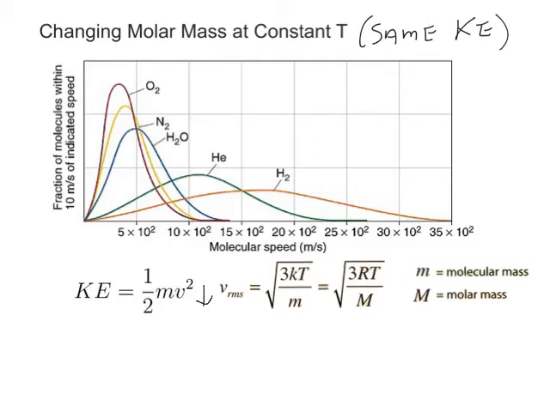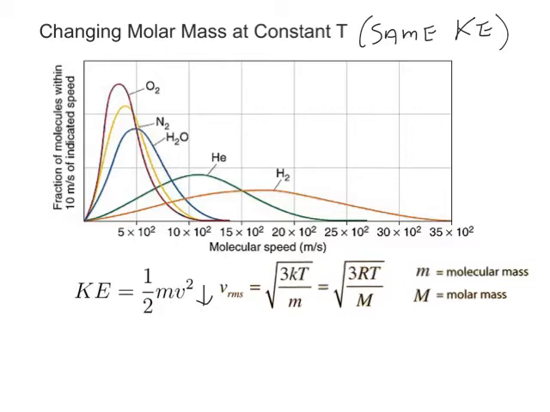And you can see that in the equation for the velocity, the root mean square velocity. The mass is in the bottom. So if we increase this, again, the velocity has to decrease.